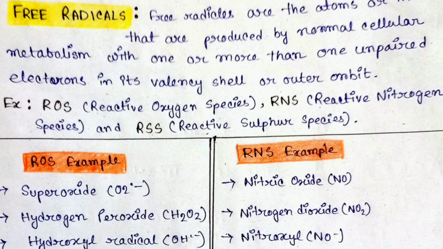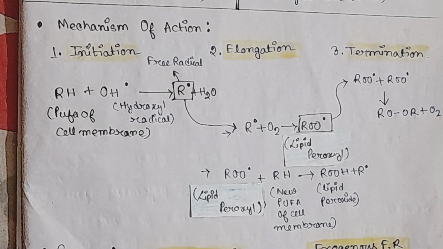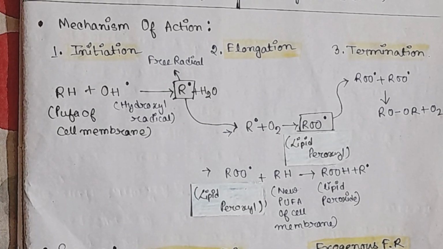Some examples of ROS and RNS are written. The examples of ROS are superoxide, hydrogen peroxide, hydroxyl radical, and singlet oxygen, and RNS examples are nitric oxide, nitrogen dioxide, nitroxyl, and peroxynitrite. In this video, I am going to discuss the mechanism of action of lipid peroxidation.